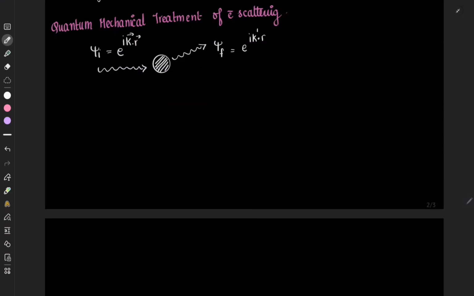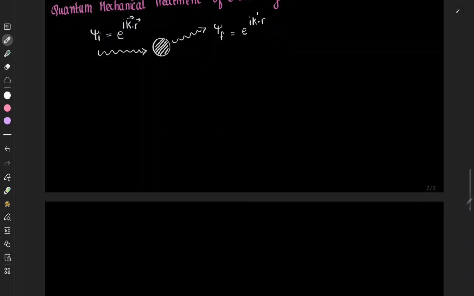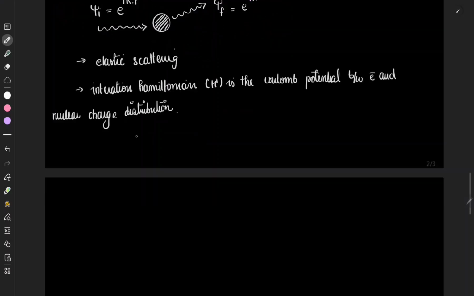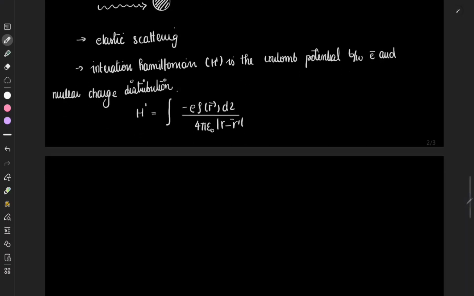It is an elastic scattering, only the direction changes, and the interaction Hamiltonian is nothing but the Coulomb potential between the electron and the nuclear charge distribution. That is, H prime is equal to the integral of minus e rho of r prime d tau prime divided by 4 pi epsilon 0 times the magnitude of r minus r prime, where rho is the nuclear charge density and the integral is over the nucleus's full volume.